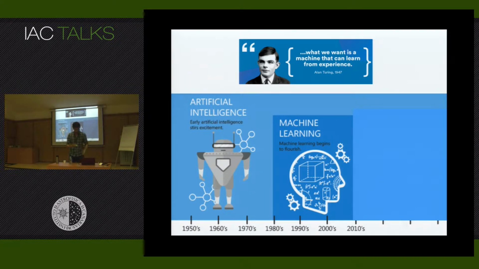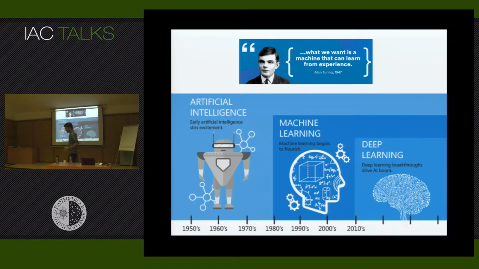And it's only recently, let's say after 2012, that there's this boom in artificial intelligence, which is driven by deep learning. And some of the major breakthroughs that we have been hearing around come from deep learning, which I would say is a sub-branch of machine learning, which is a broader field.